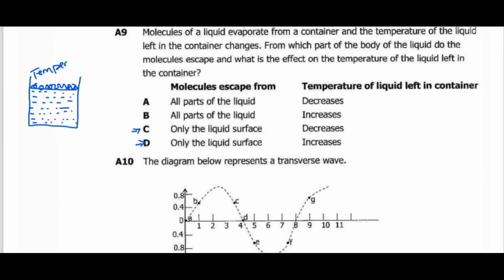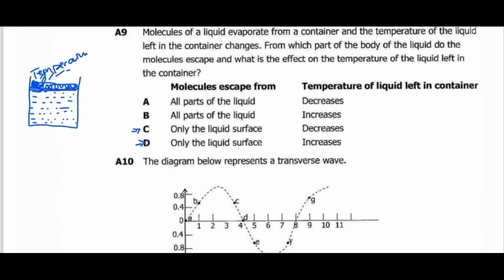As these water molecules are heated, the temperature of the molecules on the surface will increase. Then during evaporation, when these water molecules evaporate, the remaining water will decrease in temperature, and will be colder than the molecules that have escaped. So that is the picture.